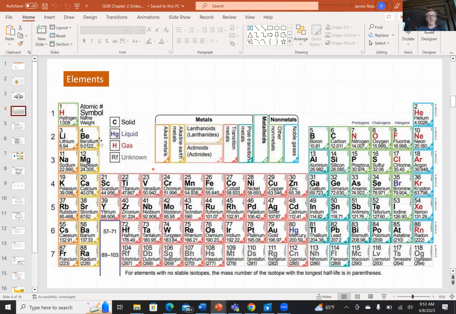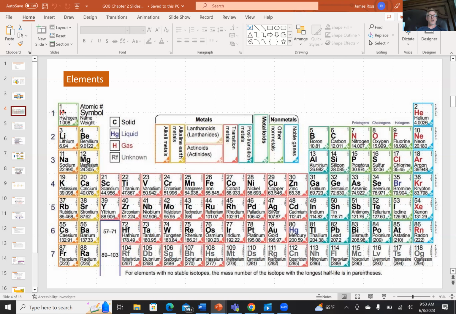They are separated into periods. Periods go up and down. Rows go left and right, but more about that later. And we have symbols. So H is hydrogen. He is helium. So here, this periodic table gives you all the names.